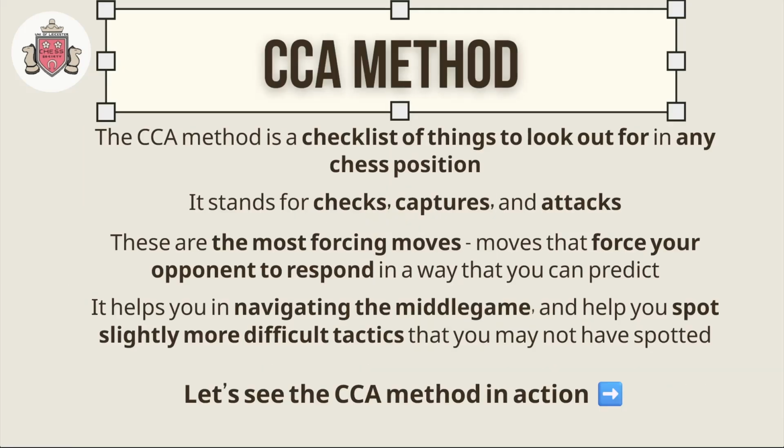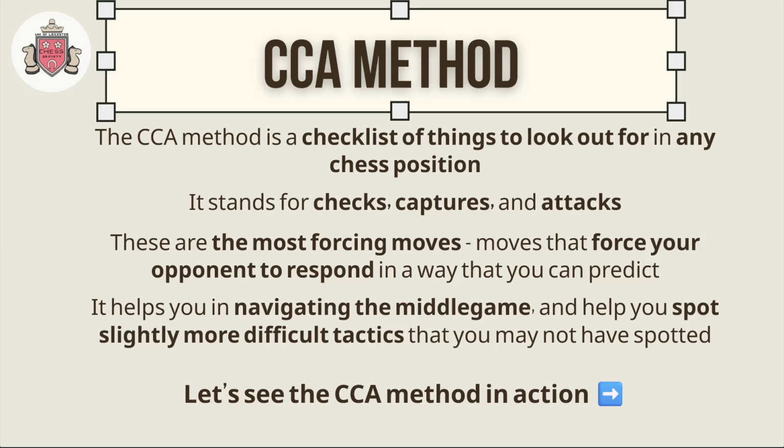The CCA method is a checklist of moves that you can look out for in any chess position. It means checks, captures, and attacks. The reason we do this is because checks, captures, and attacks are the most forcing moves in a position. If you check your opponent, they have to move their king.